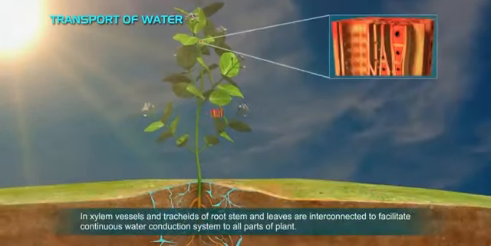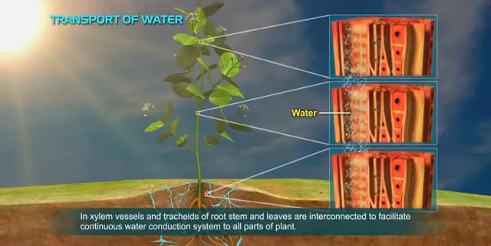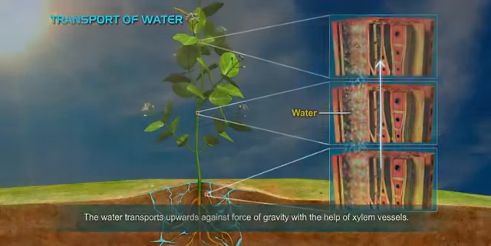In xylem, vessels and tracheids of root, stem and leaves are interconnected to facilitate continuous water conduction system to all parts of plant. The water transports upwards against force of gravity with the help of xylem vessels.